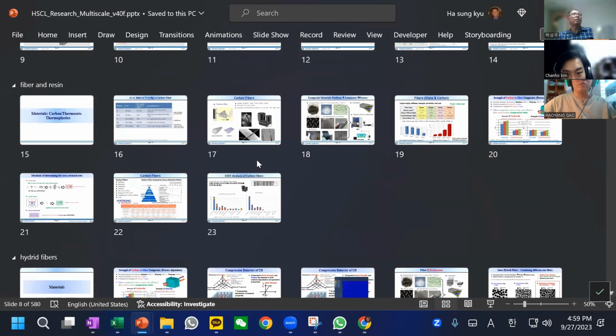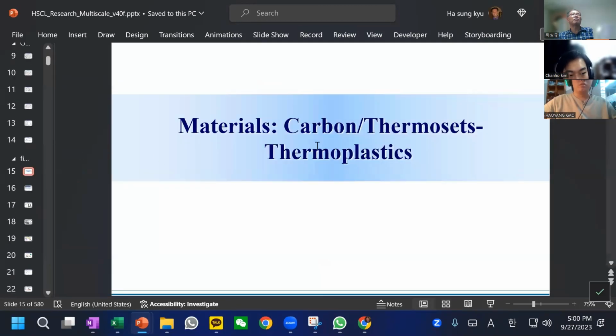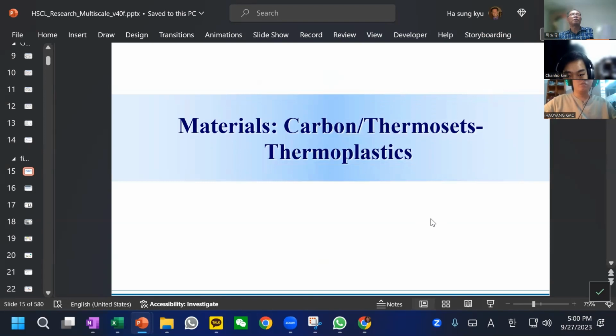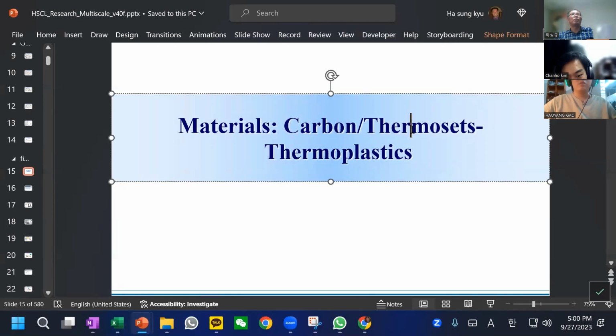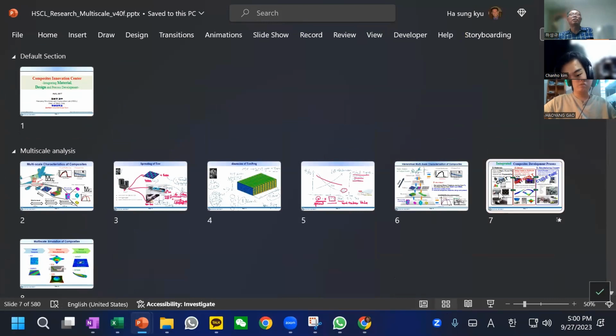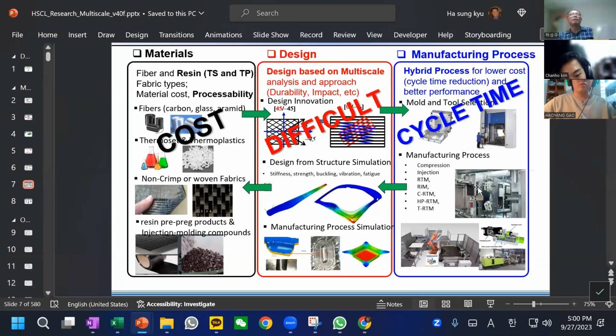I sometimes repeat the content. Now this one is again carbon, thermoset, and thermoplastic. I would like to pay a little more attention to thermoset and thermoplastic. The manufacturing process is mainly determined by the choice of resin system, thermoset or thermoplastic.